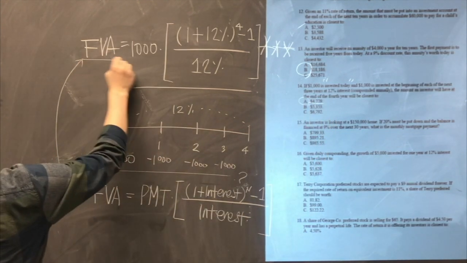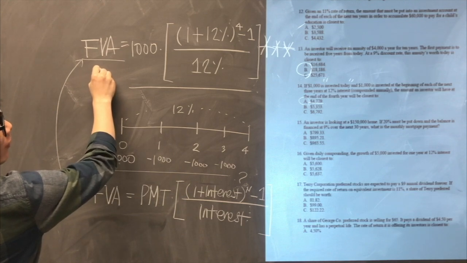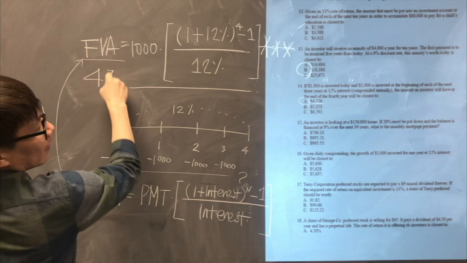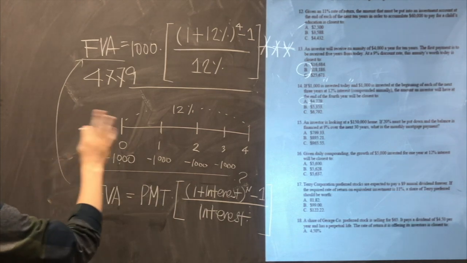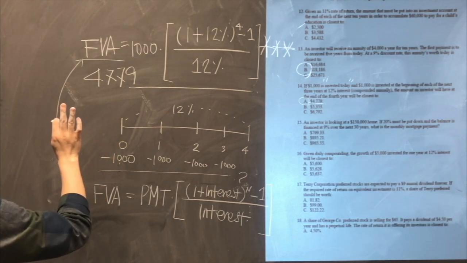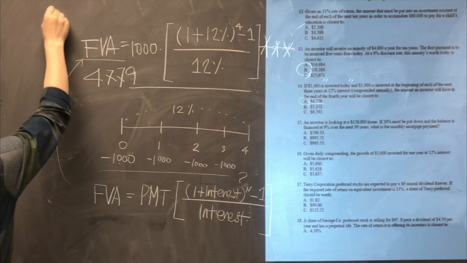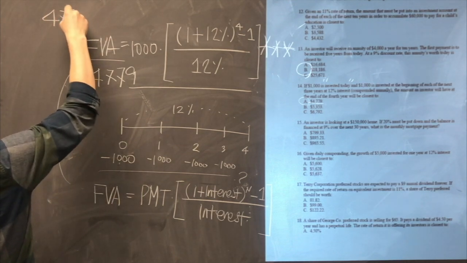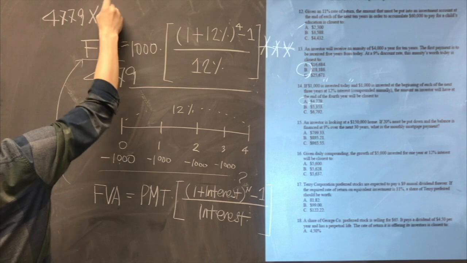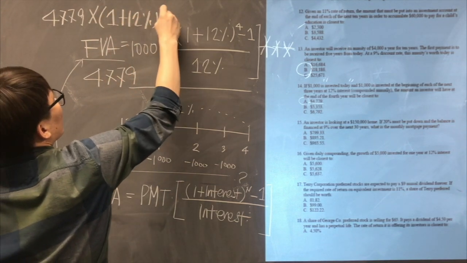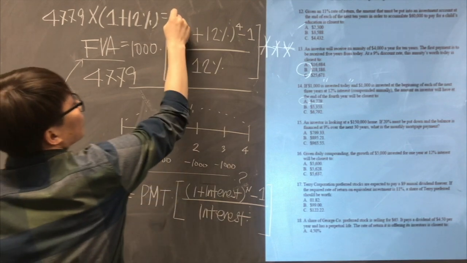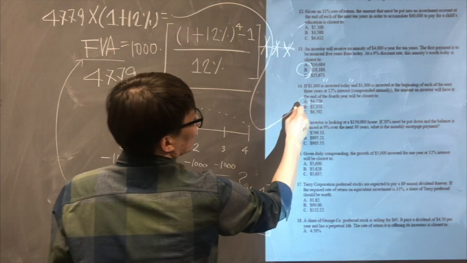So your future value of annuity is 4779. But one more step. This is about annuity due, so you need to do one more step. 4779 multiplied by what? 1 plus 12%. What is it? It will be this guy.